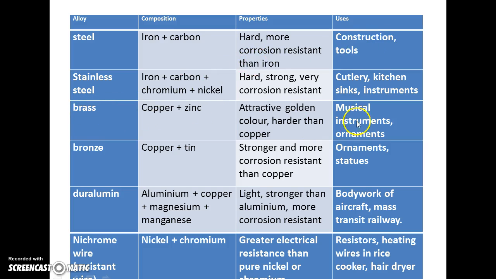Brass can be made to be the musical instruments. That will make the more attractive color and also more corrosion resistance. The bronze, 青铜, can be used to be more corrosion resistant. The aluminum can be used to make the bodywork of aircraft. So these are just examples. You do not need to remember all of these.